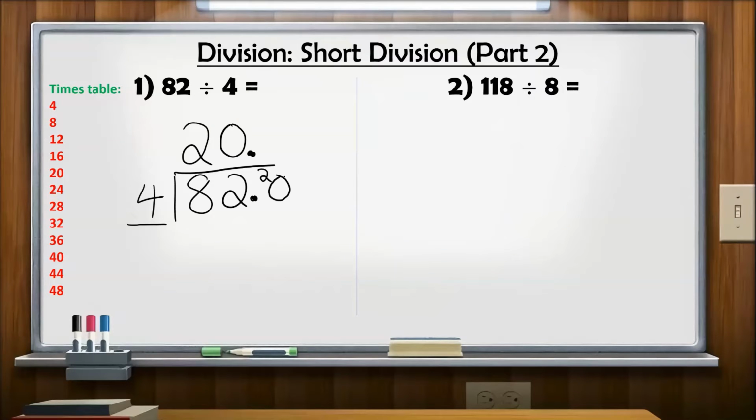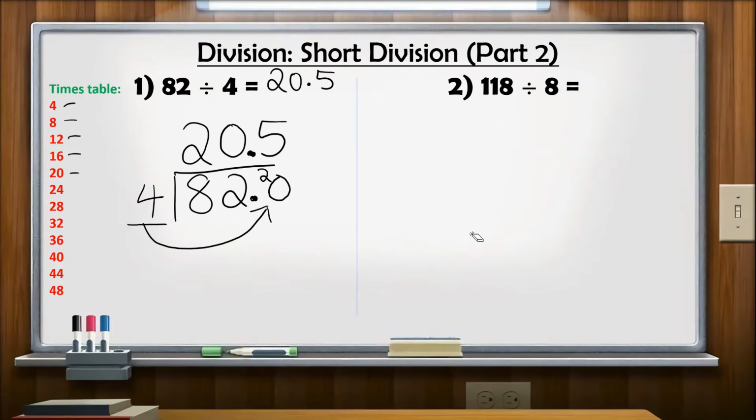Now that my placeholder has been put in place, I'm going to ask myself, how many 4s are there in 20? Looking at my times table, you can see there are 5 4s in 20. So there we have it. 82 divided by 4 is 20.5.